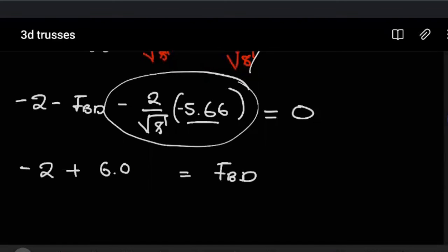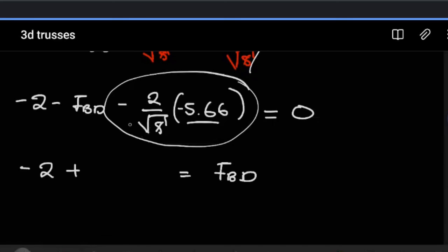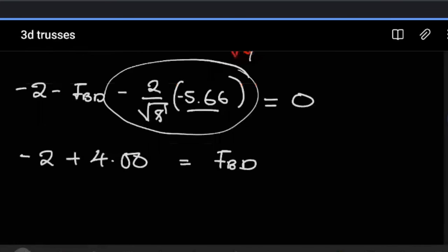I was giving the final answer. Oh, that was 4.00. Oh yeah, it's not negative. It's not 6 then. This is 4.00. And you see, there's this minus here and there's this minus here. They'll make positive here. Have you seen that?